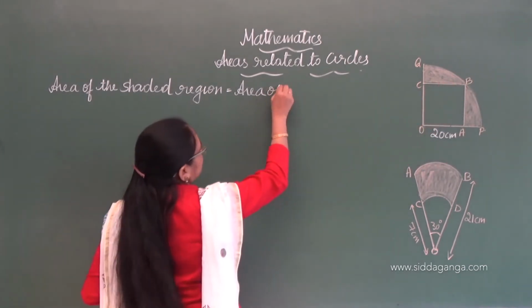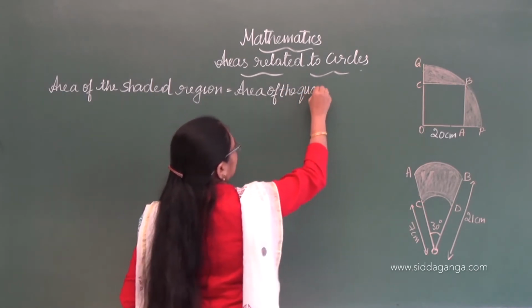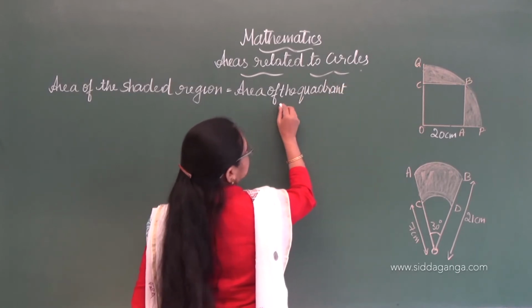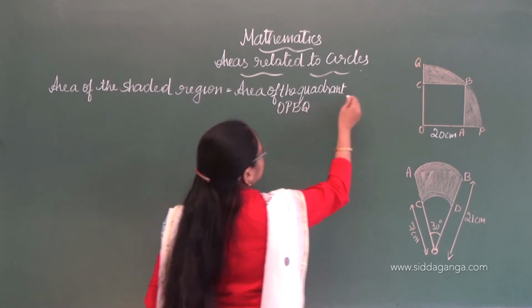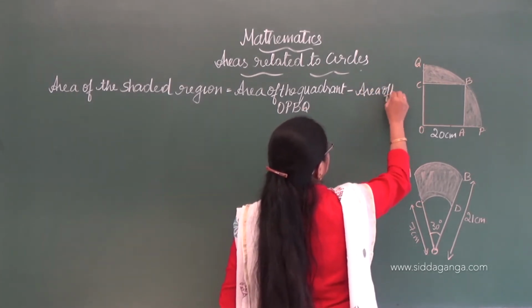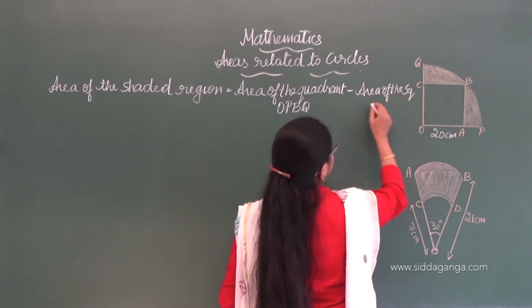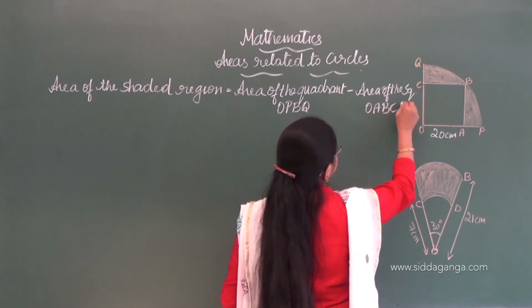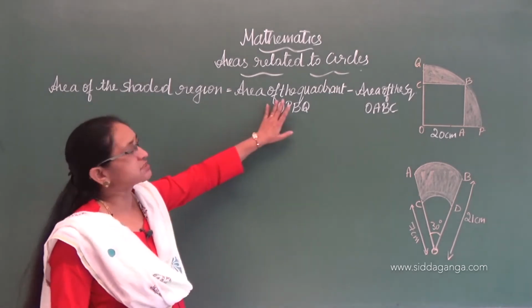So area of the quadrant OPBQ minus area of the square OABC. This is the square. Okay. So this will be the first statement for you.